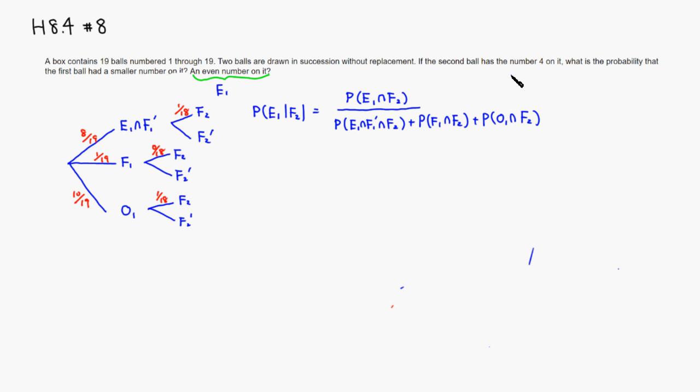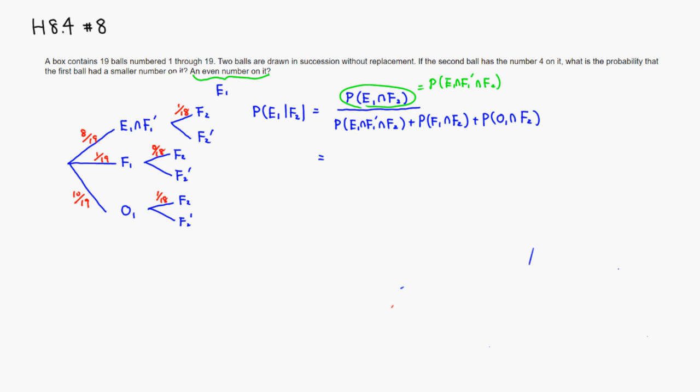Then the probability of E1 and F2: the only way you can do that is E1, but you can either get E1 and get a 4, but once you get a 4, you cannot get F2. So the only way is the non-4 even number, then F2.